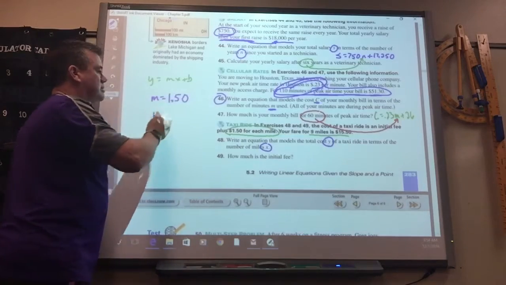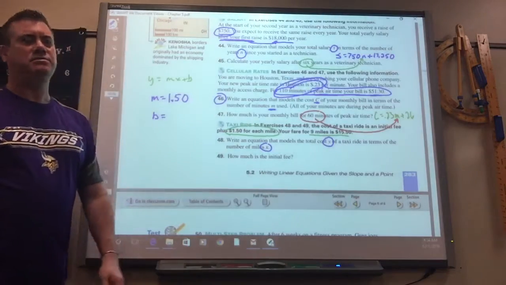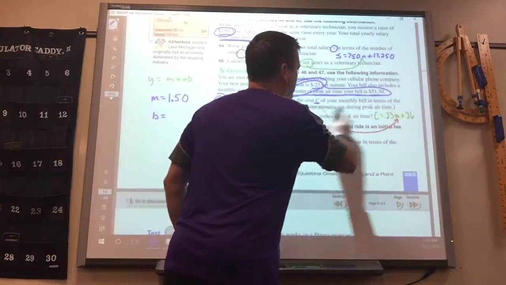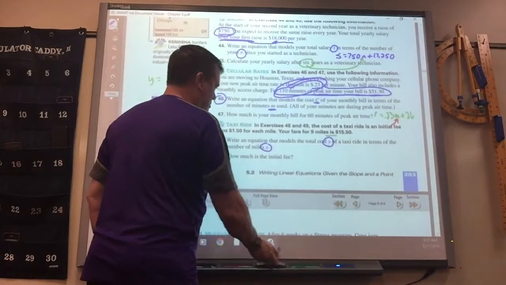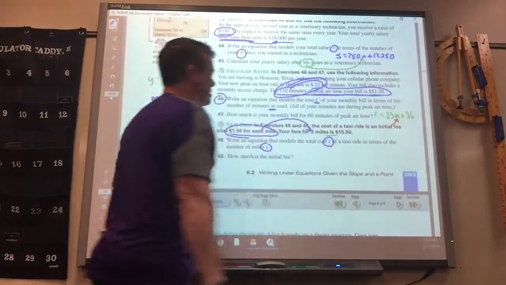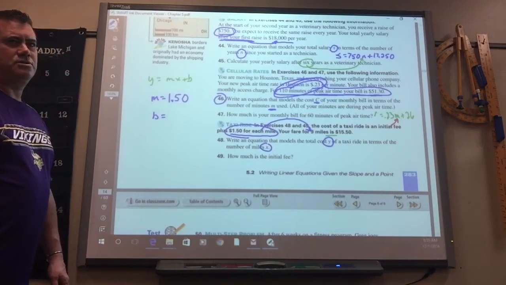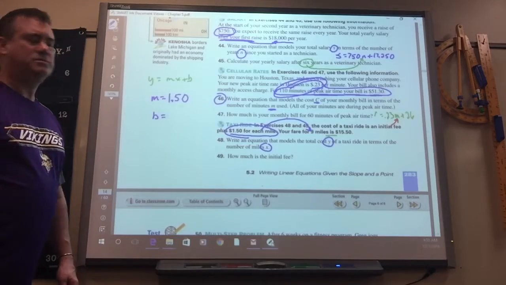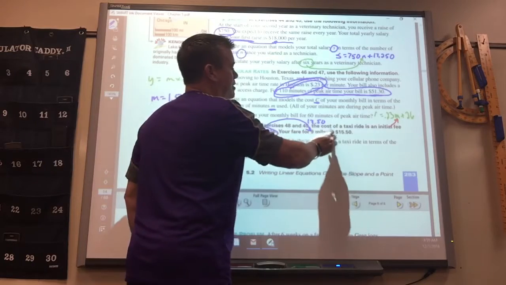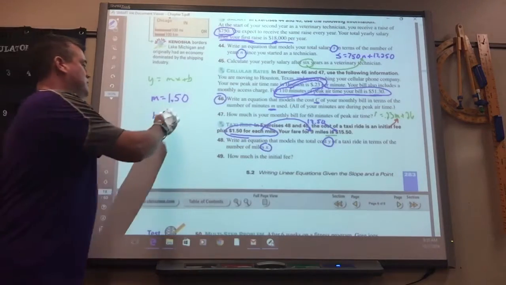The b, which is the initial cost, we gotta figure it out. So we figured out like the phone one, it's $1.50 a mile, and you went 9 miles. So that is $13.50. But they charged $15.50. So what do they charge you? $2.